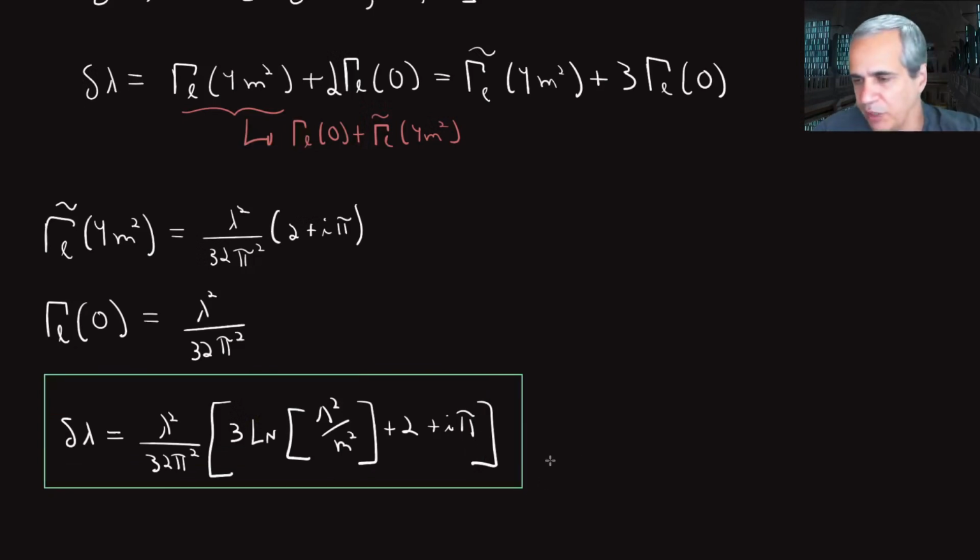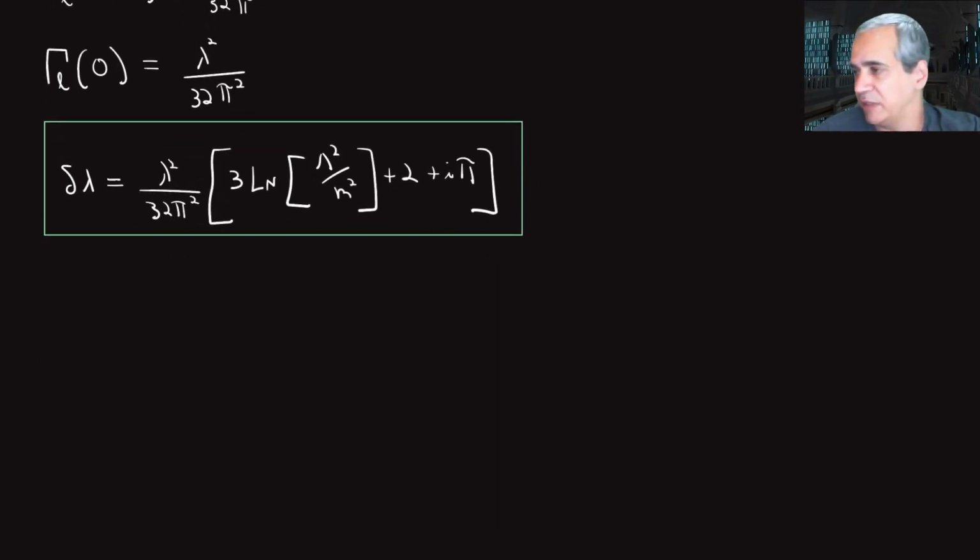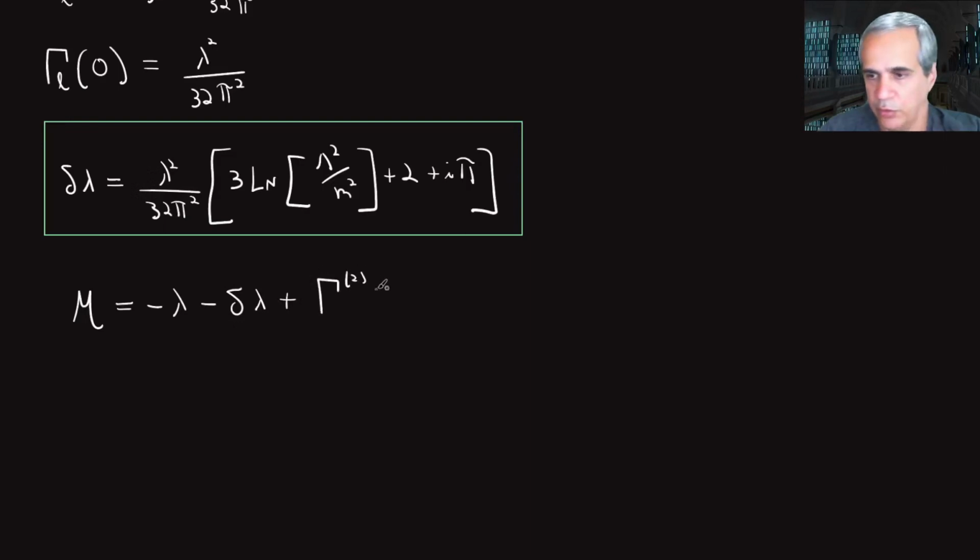So now I know the counter term, delta lambda. But that also means I can know the matrix element for this 2 to 2 scattering that I was calculating from the start. At the very start, I wrote that the scattering matrix element, up to order 2 in lambda, is just minus lambda minus the counter term plus gamma 2 of S, T, U. This is where I define these contributions to the loop.